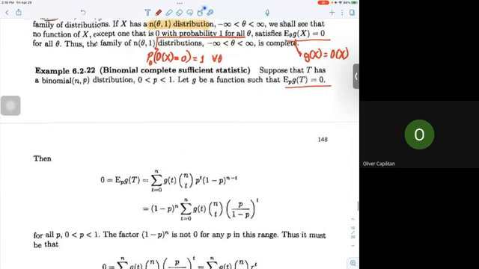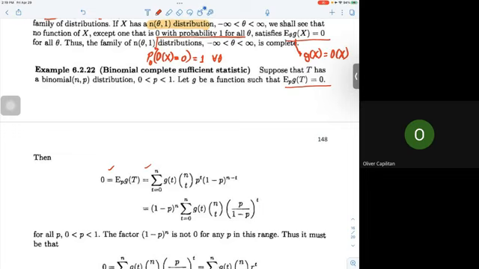So the first equality is by assumption. The second equality is by applying the definition of expectation, the finite summation of g of t times the probability mass function of t.